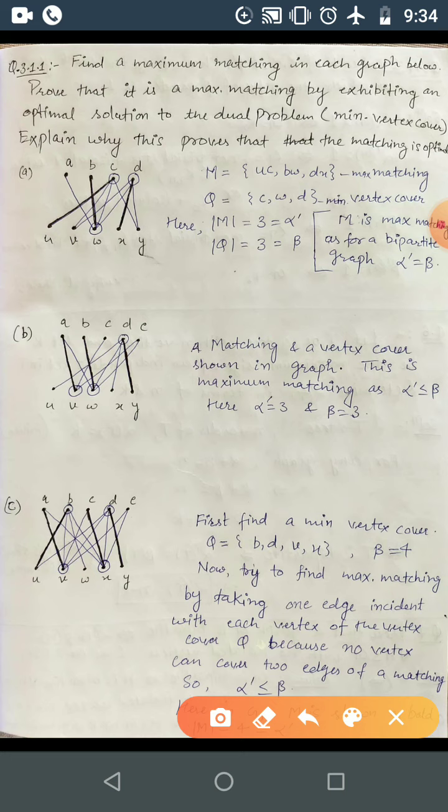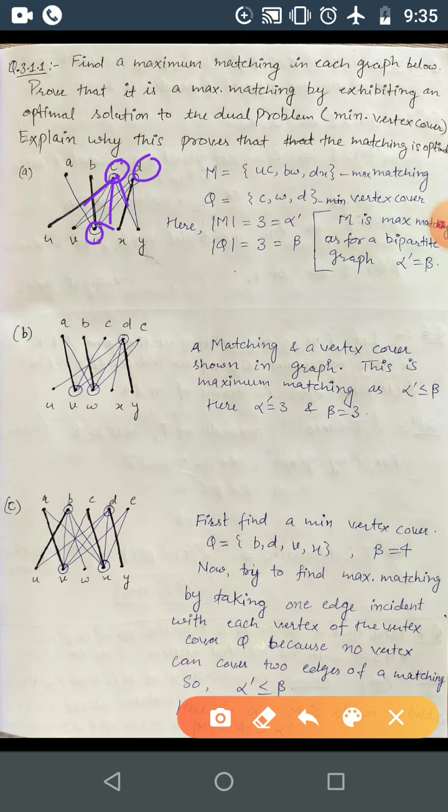Correct. So maximum matching in this graph means maximum independent edges. First you can just take the minimum vertex cover. So I'm just taking first the vertex that is covering most of the edges. So C, W, and then D, all edges are covered.